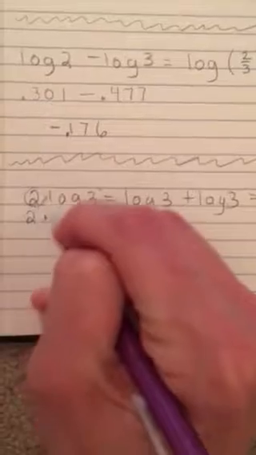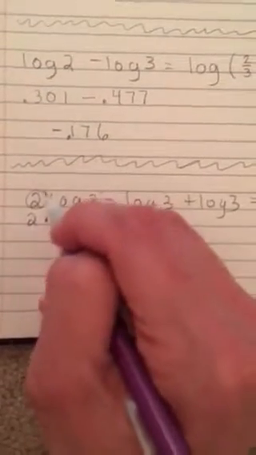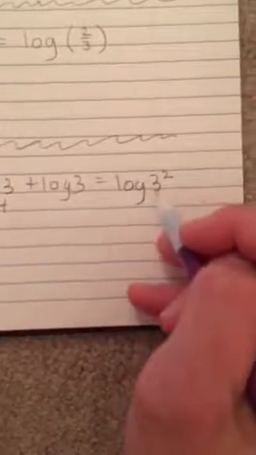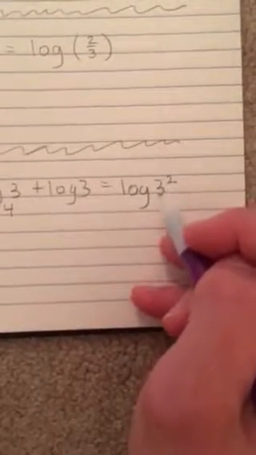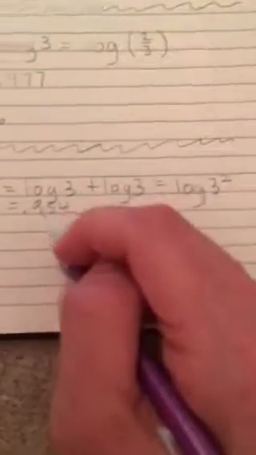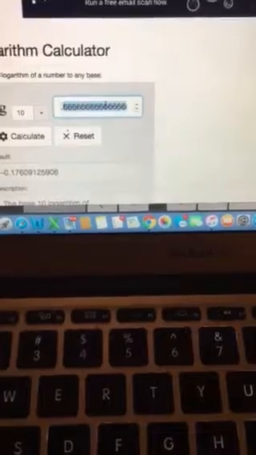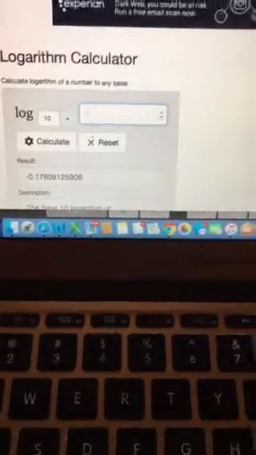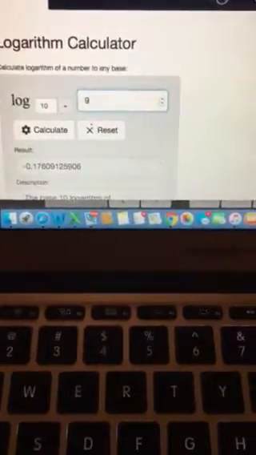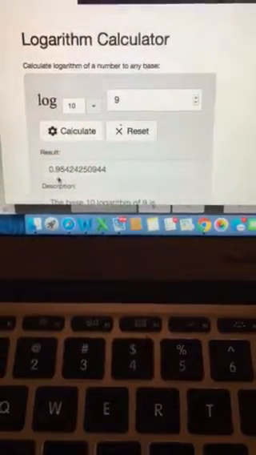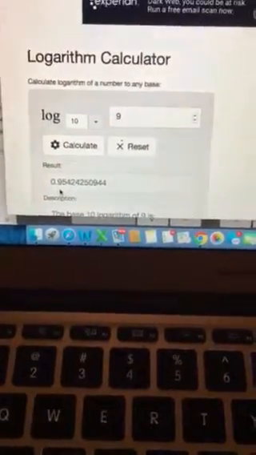When I have 2 times a log, it's equivalent to log of 3 squared. And let's just see if that works. 0.954 is the solution we're looking for. And if we go back to our log calculator, if I change this to log of 9 and hit calculate, notice how you're getting 0.954.